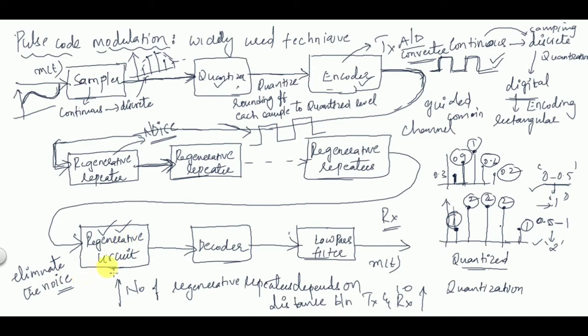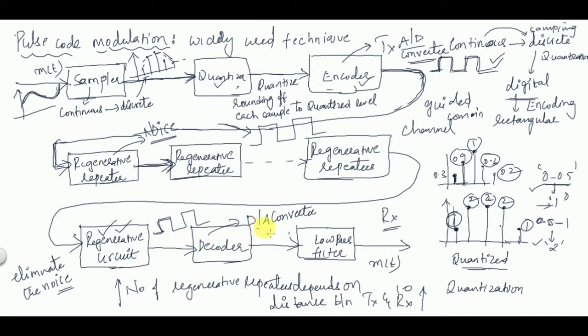We'll see later how it will eliminate. And the decoder is a D to A converter. So until now the output of the regenerative circuit is still this rectangular pulse only.